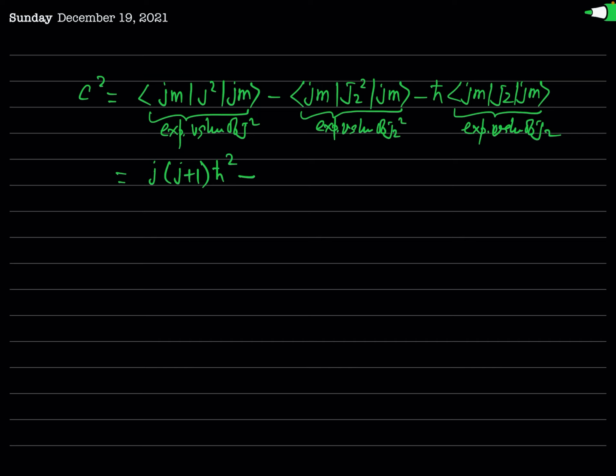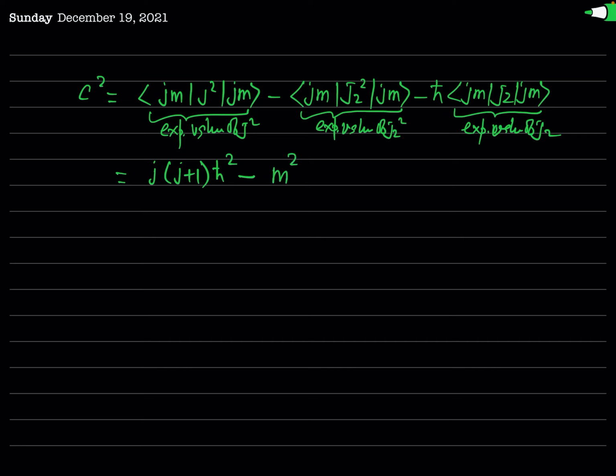Again, the expectation value of Jz square will be equal to the eigenvalue of the operator Jz square. Since the eigenvalue of Jz is m h bar, the eigenvalue of Jz square will be m square h bar square.